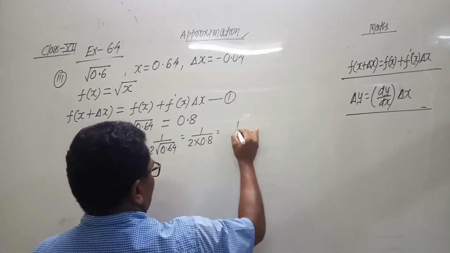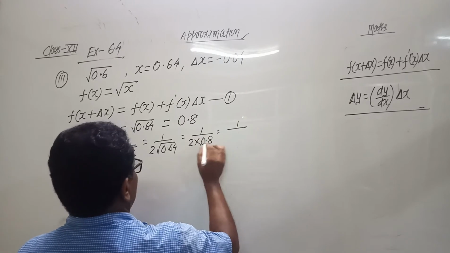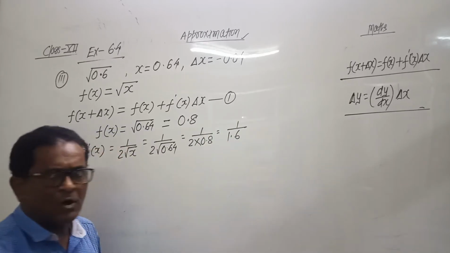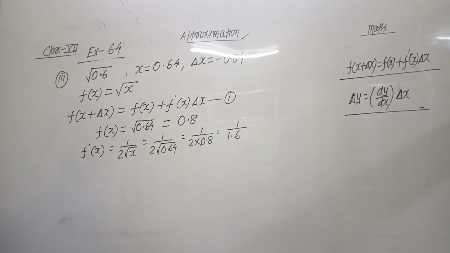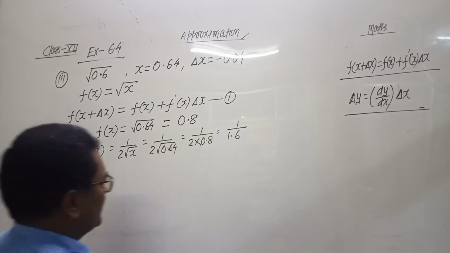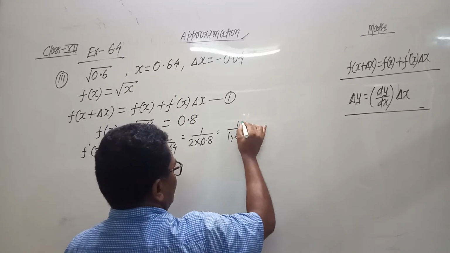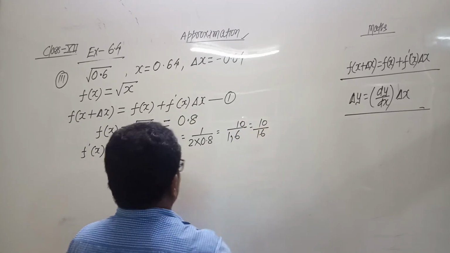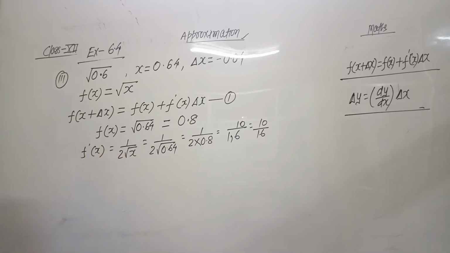So 1 upon 2 into 0.8 means 1 upon 1.6, and remove the decimal. So we get 10 by 16. The value of f dash x is 10 by 16.